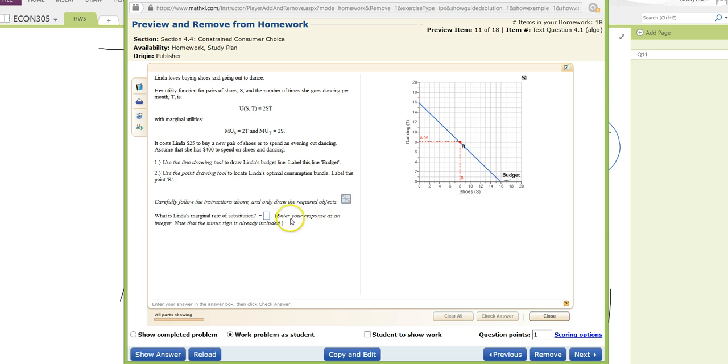Okay, so the answer here is -1. It already has the negative sign, so we just need to input 1. Finally, check the answer. Excellent. Using this example, I just want to show you how to solve for the optimal consumption bundle given the prices, the budget, the income, as well as the utility function, and also how to point that on the graph.